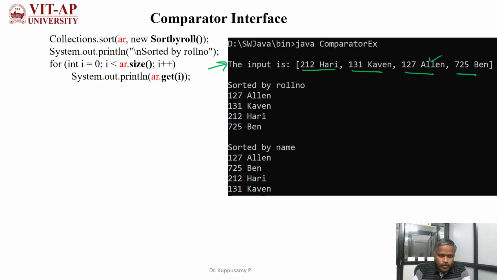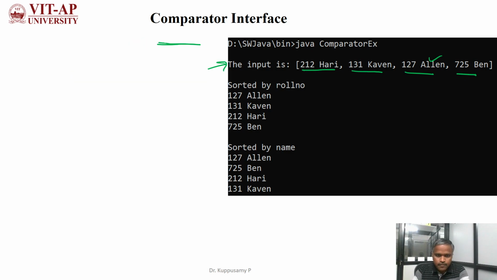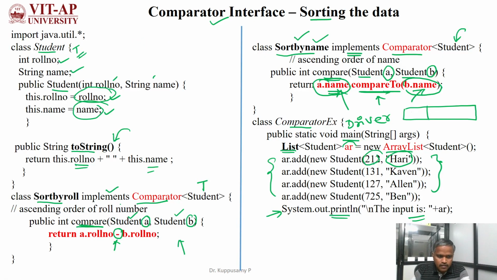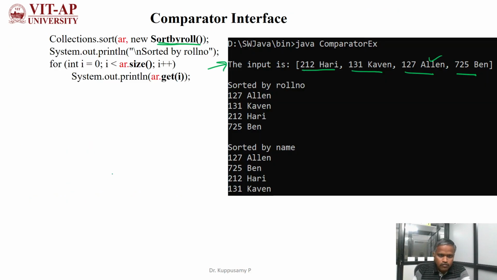Then I am going to sort the data with respect to SortByRoll. Here you see SortByRoll is the class name. We are going to use the class name here to sort the values. We pass the values given in the object AR. Collections.sort is the method in Java Collections, which sorts the data available in the ArrayList object AR based upon the roll number.